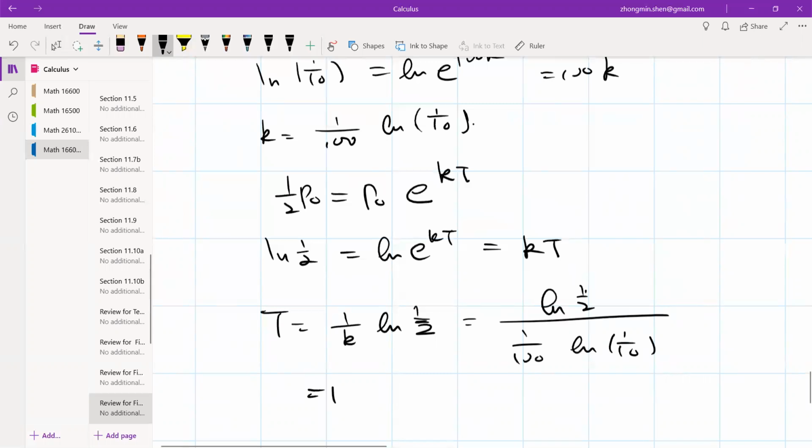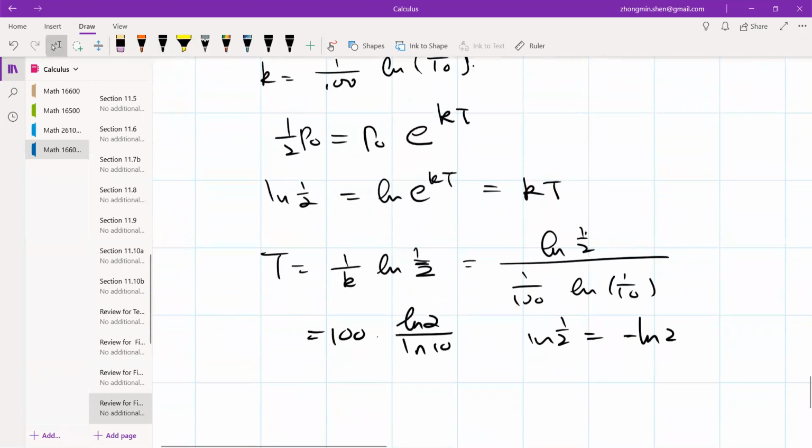You can express it in this form: natural log 2 over natural log 10, times 100. The reason is natural log of 1/2 is negative natural log 2, so the negative sign will be cancelled out. So this is the answer. It's not going to be an integer. In some cases it's going to be an integer, but this particular problem is not.